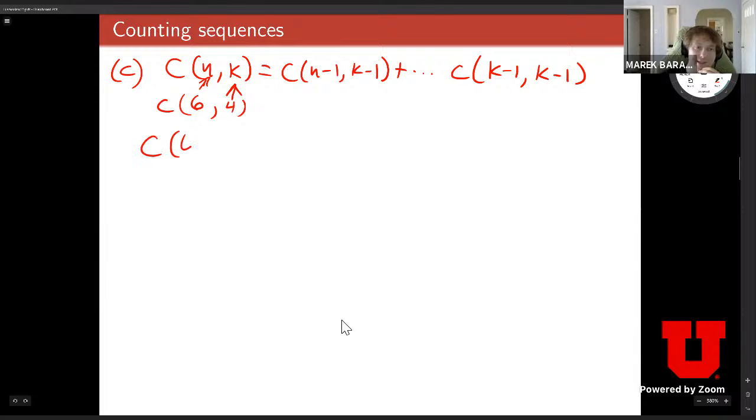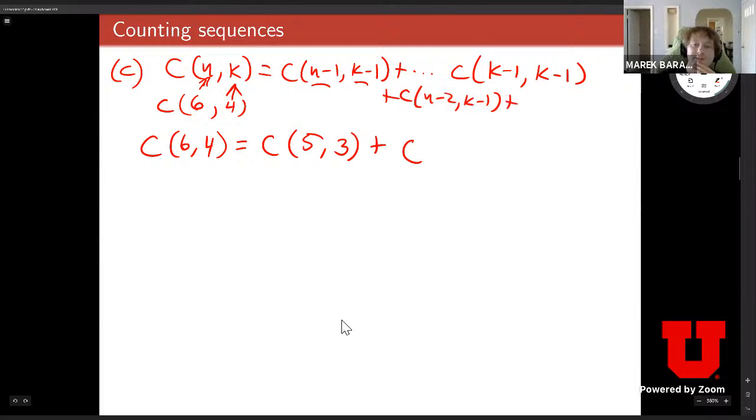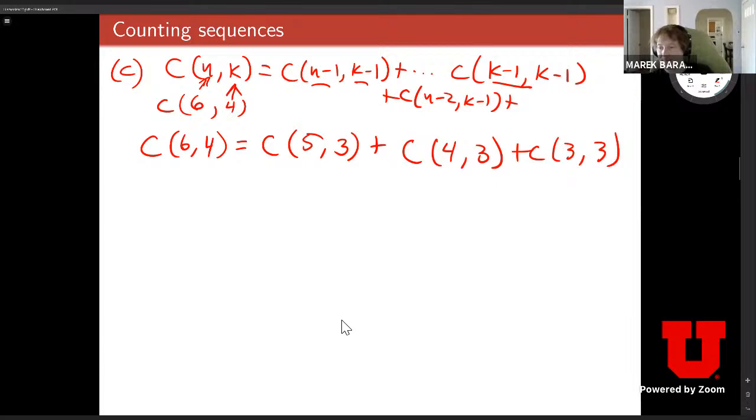We can say choose 6, 4 is equal to choose 5, 3, because we're subtracting 1 from 4 to get 3, plus choose 4, 3, and then we stop at k minus 1, so we get plus choose 3, 3. And so that's the reason that these match up.